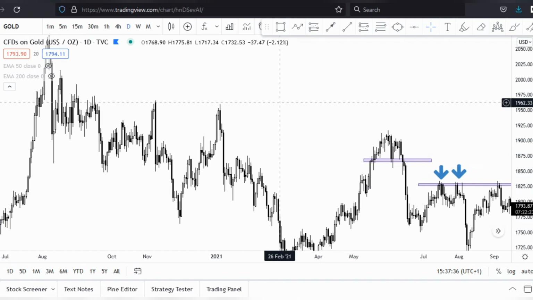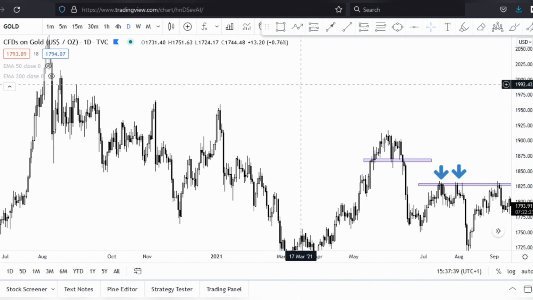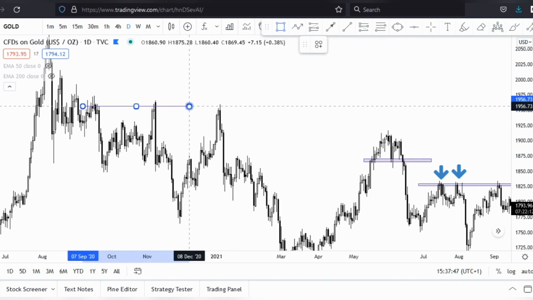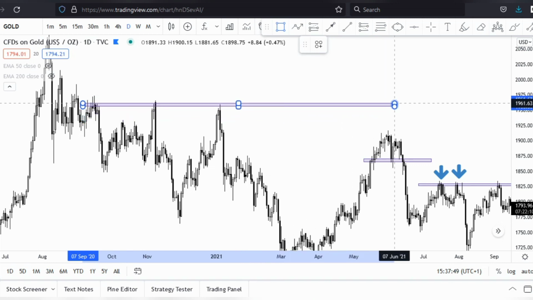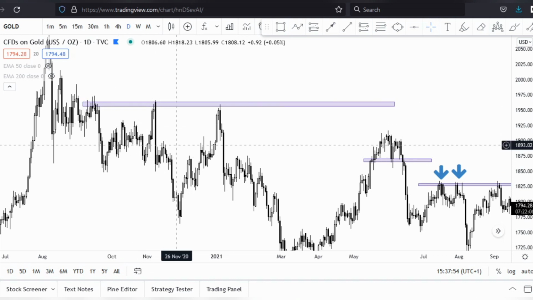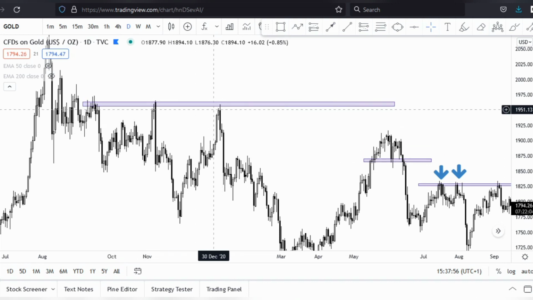Now it's easier to identify these areas in the past, but what about identifying them for future purposes? Now that is also easy as well. For example, look at this area over here that price has tested, right? One, two, three. So this itself makes this area a very strong area.